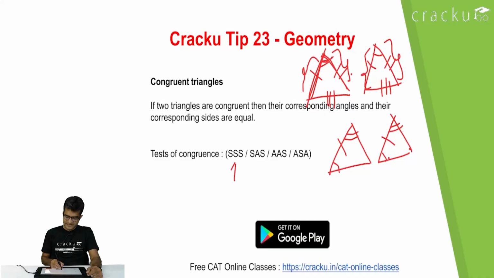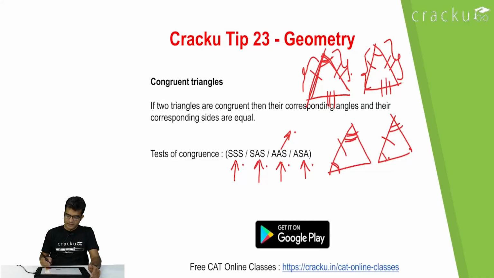So this is basically the SSS property, that is, all the three sides are exactly the same, or two sides and the angle enclosed between them is the same, or two angles and the side enclosed between them is the same, or two angles and any other side is also the same. The key aspect over here is if two angles are the same, the third angle will also be the same because the sum of the angles of a triangle is always equal to 180 degrees.